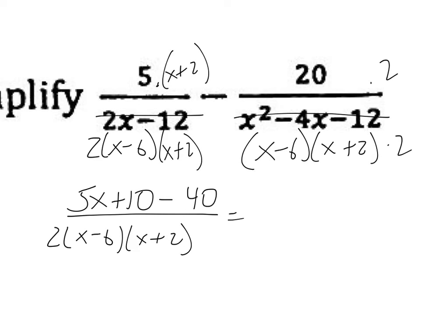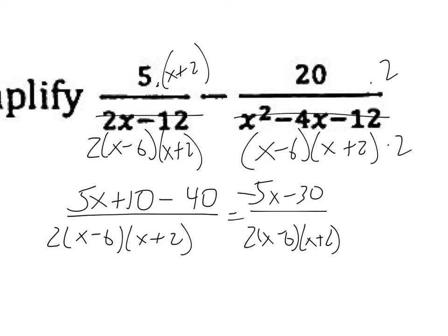I can simplify in the numerator. I get 5x minus 30 over 2x minus 6, x plus 2. And I said on the other ones, you try to factor if you can. And this is one where you can factor. This 5x minus 30, I could take a 5 out, and I get x minus 6.